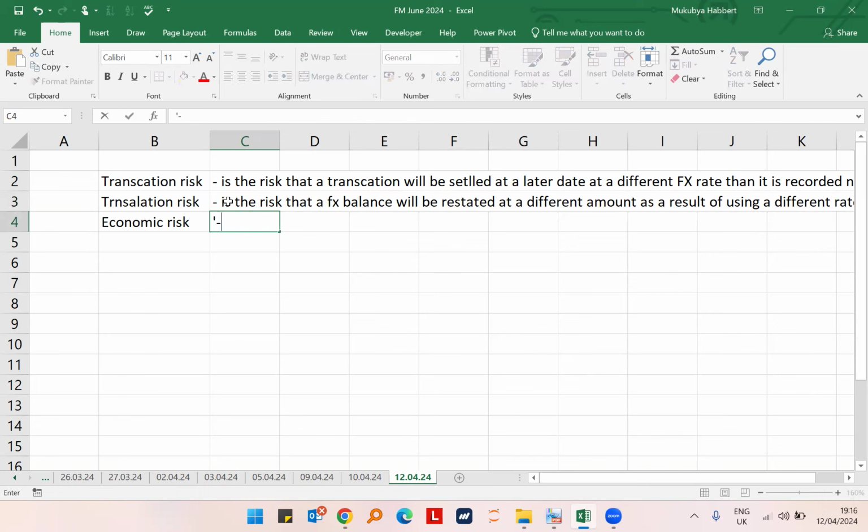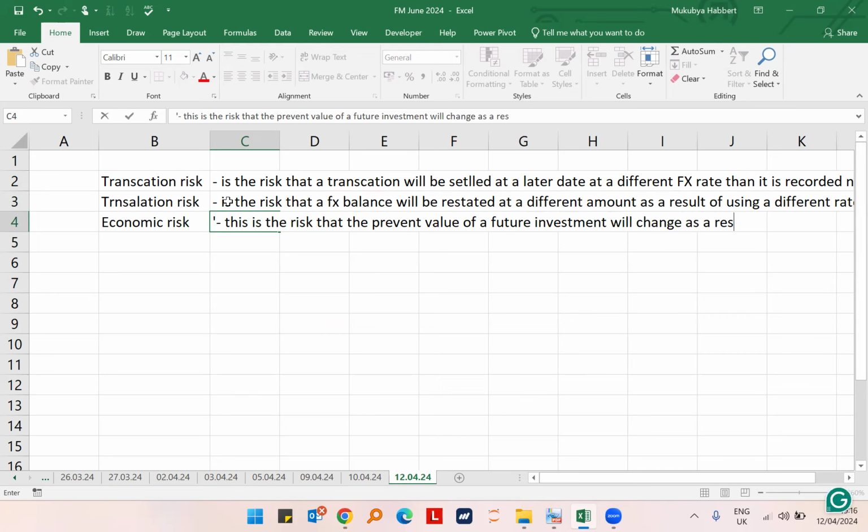And then finally, economic risk, you say this is the risk that the present value of a future investment will change as a result of changes in FX rates.